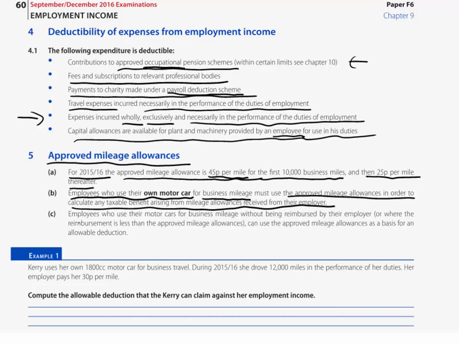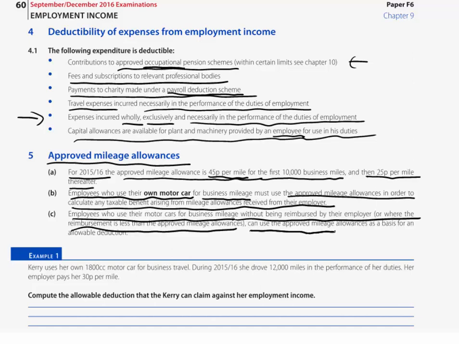Now, employees who use their motor cars for business mileage without being reimbursed by their employer, or where the reimbursement is less than the approved mileage allowance, then we can use the approved mileage allowance as a basis for an allowable deduction. So it's a simple calculation.